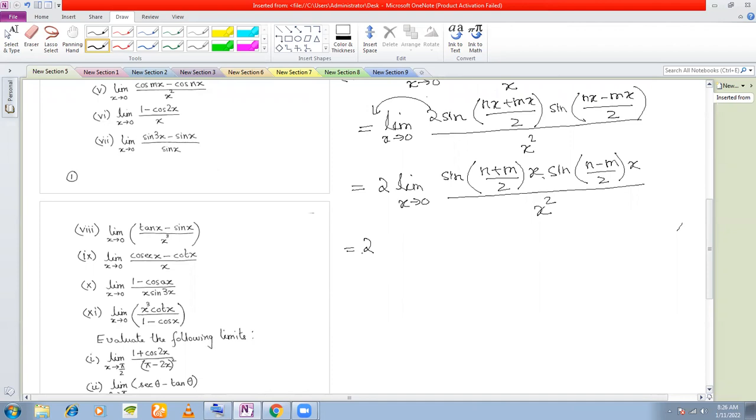Now in the next step, what we are going to do is, if you see, you have x square in the denominator, right? Product of two x's is x squared. So one x we are going to take with one sine, and the other x we are going to take with another sine. We have sine n plus m by 2 x divided by x. One x I take with this, and the other x I take with this.